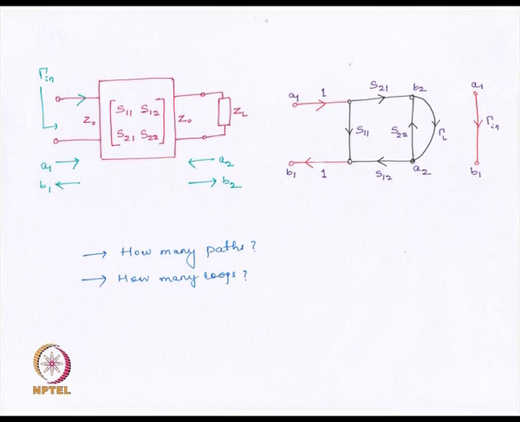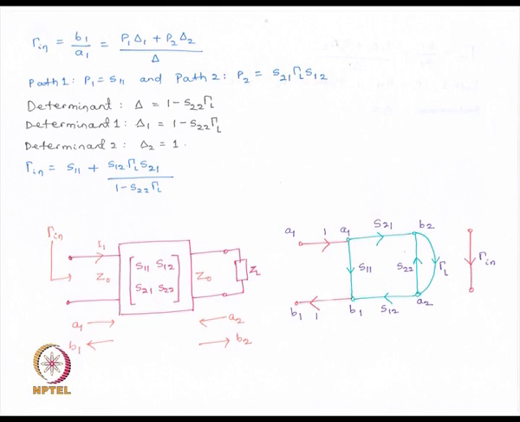So these are two paths that we have, and a loop is defined as a path which starts and ends at the same point. For example, this path starts from A2, goes all the way to B2, and then comes back to A2. So this is a loop.